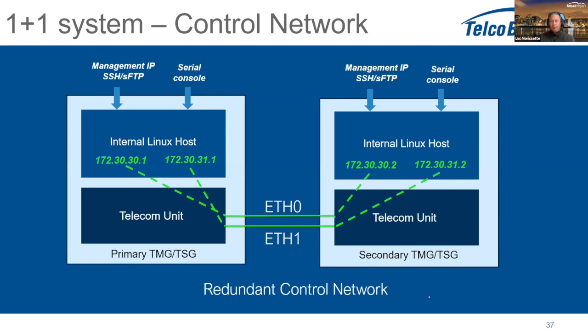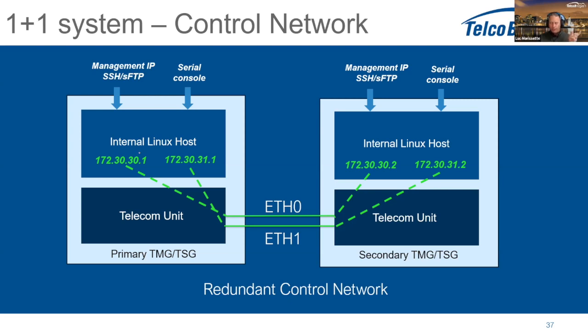On a 1+1 system, you are set up with two different devices, and they will communicate together with ETH0 and ETH1. So there will be communication both ways on the devices. There will be some heartbeat from the telecom unit to the telecom unit, but there's also information that is exchanged from the internal host of the two devices.